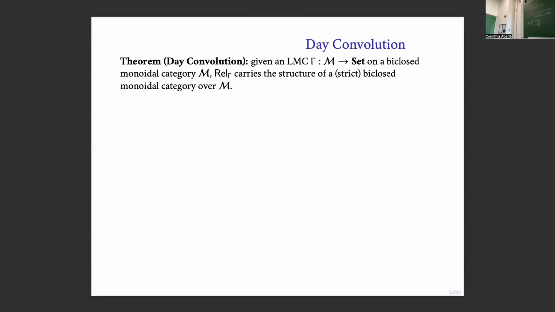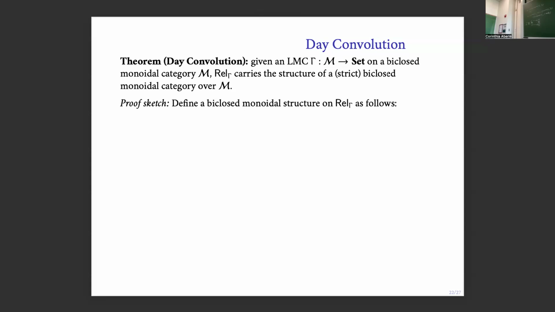The final piece we need here is the Day convolution, which says that if we have a lax monoidal functor from M to Set on a bi-closed monoidal category M, then the category of relations on gamma carries the structure of a bi-closed monoidal category over M. I'm just going to give a sketch of the proof here, but it's not that hard.